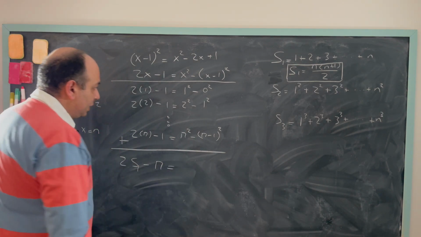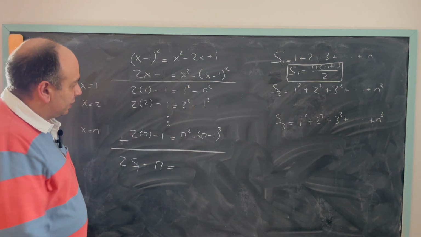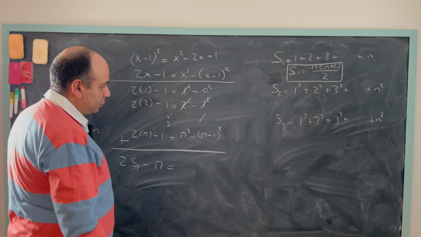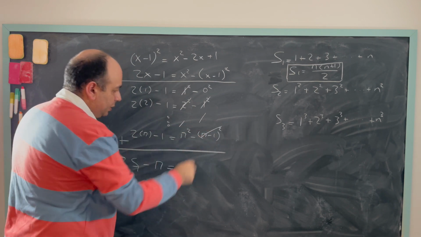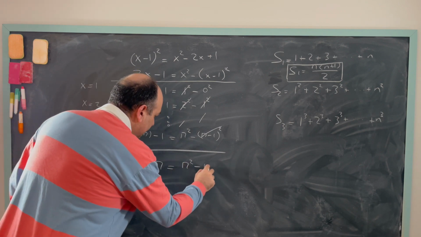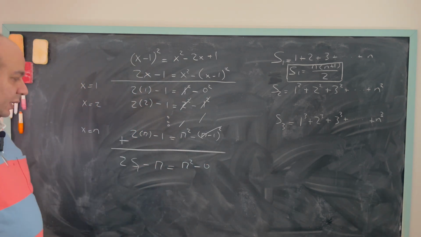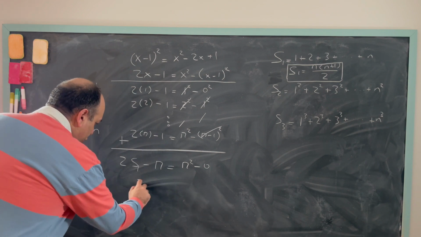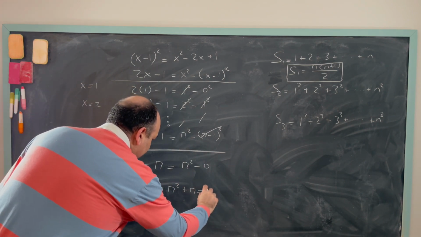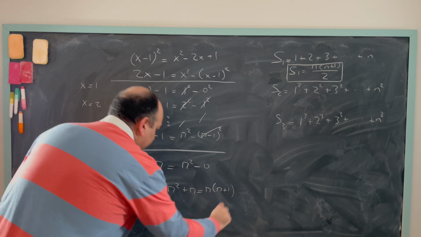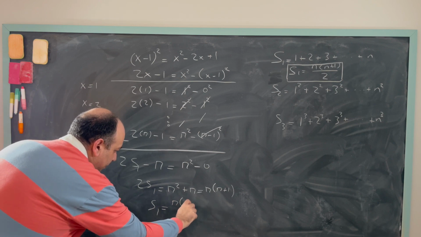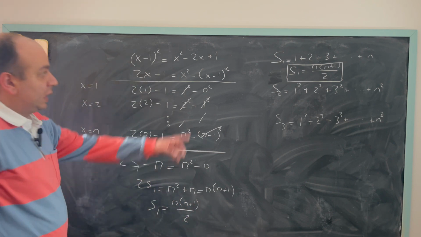On the right side, as you see, 1 squared cancels 1 squared, 2 squared cancels 2 squared, all the way to (n minus 1) squared. I will have n squared minus 0, which is simply n squared. So 2 times S1 is equal to n squared plus n, which is n times n plus 1. So S1 is simply equal to n times n plus 1 over 2, like we found earlier.